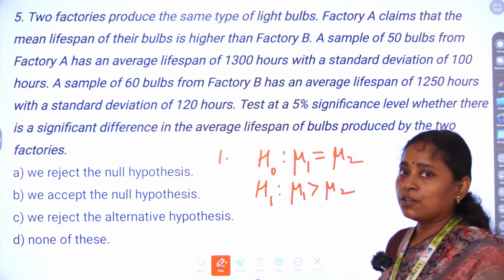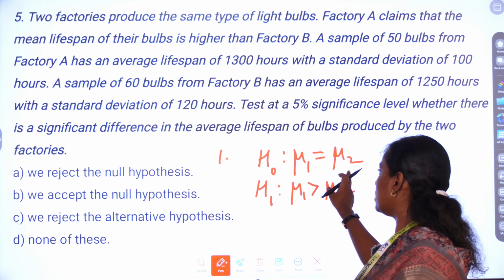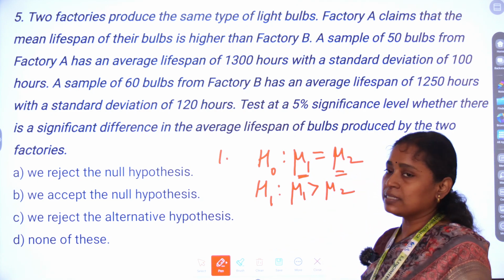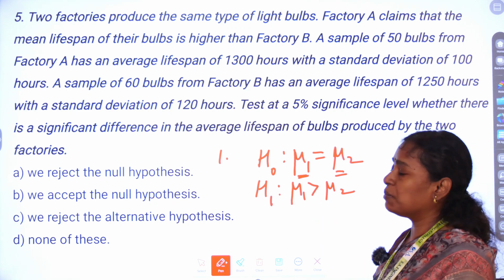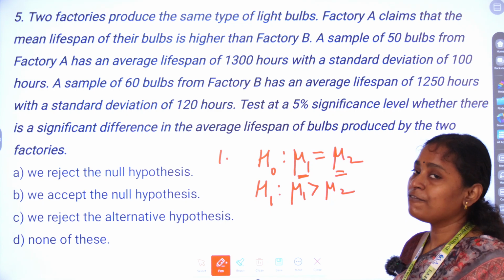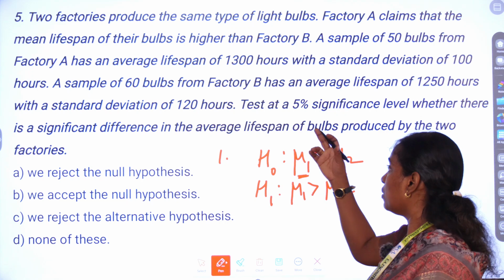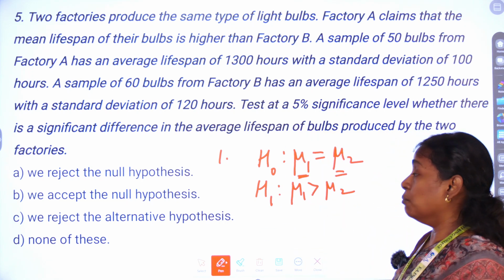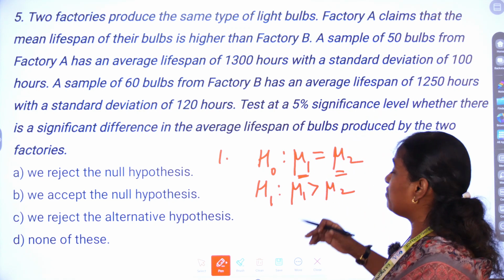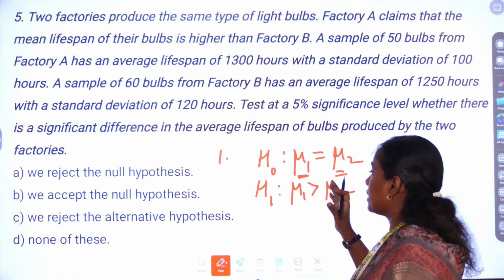In step 1, you are setting your null hypothesis and the alternative hypothesis. Mu1 represents factory A and mu2 represents factory B. So mu1 is the mean lifespan of factory A, and mu2 is the mean lifespan of factory B. H1 is your alternative hypothesis. So what is the statement given? The mean lifespan of bulbs produced by factory A is greater than that of factory B.